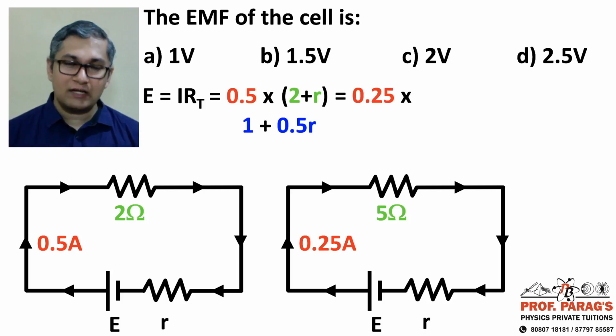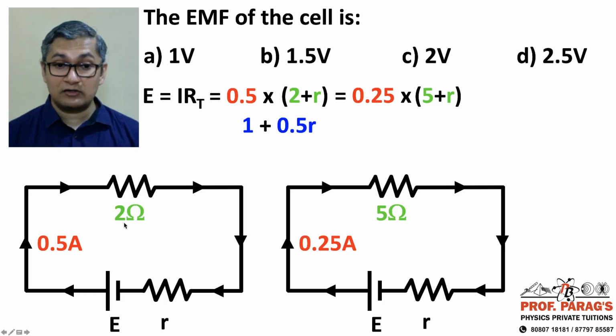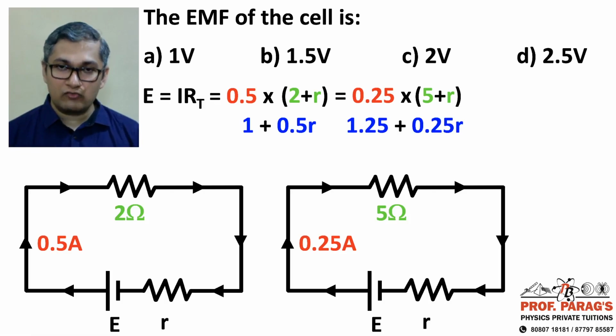Apply the same formula, I into R total, to the second circuit. The current has now changed to 0.25 amperes, and the total resistance is 5 plus r, since they are in series. Open the brackets: 0.25 into 5 gives me 1.25 plus 0.25 r. The EMF E is the same in both circuits, so I can equate the two and rearrange the terms.